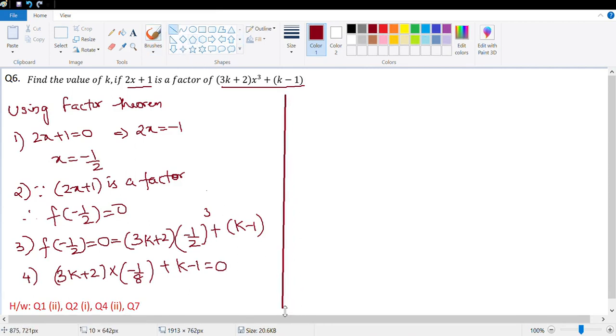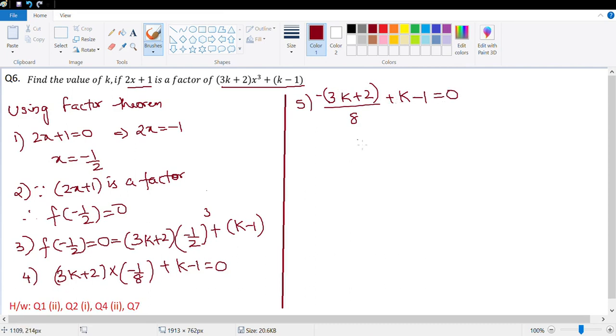So what we have is 3k plus 2 minus upon 8 plus k minus 1 is equal to 0.